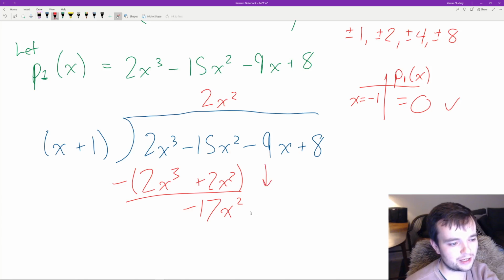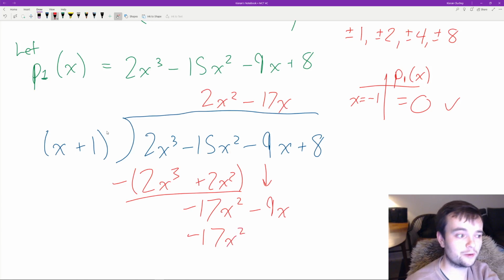I will bring down my negative 9x, and figure out what I need to multiply by to get negative 17x squared. That should be negative 17x, which gives me negative 17x squared, and when I multiply that by the 1, I get negative 17x.